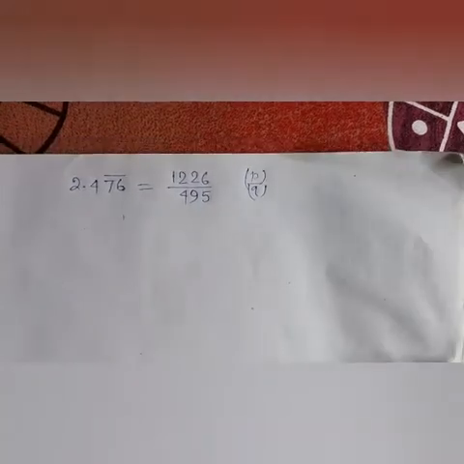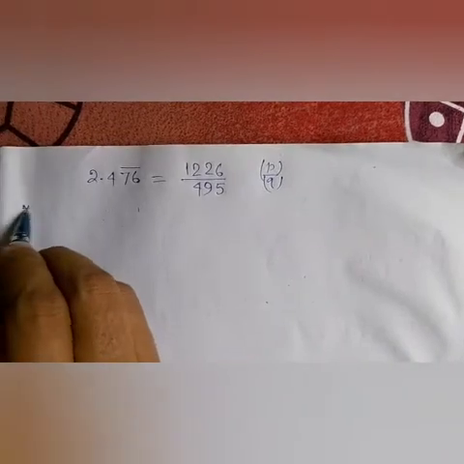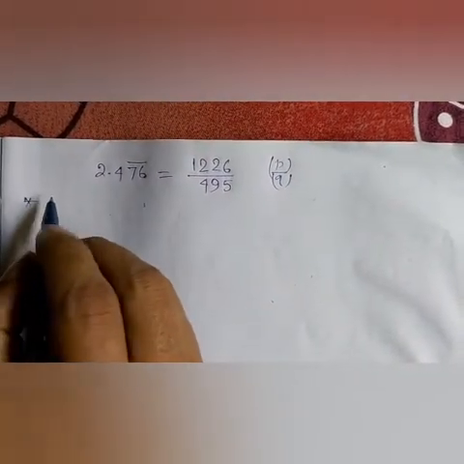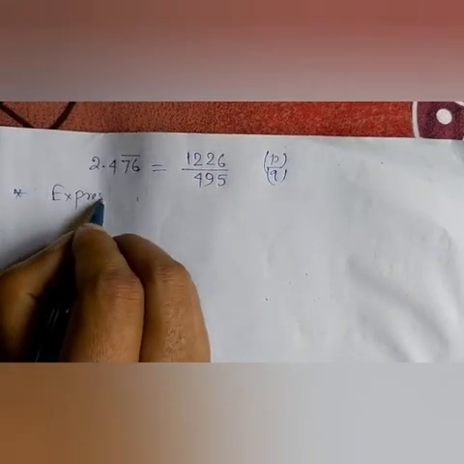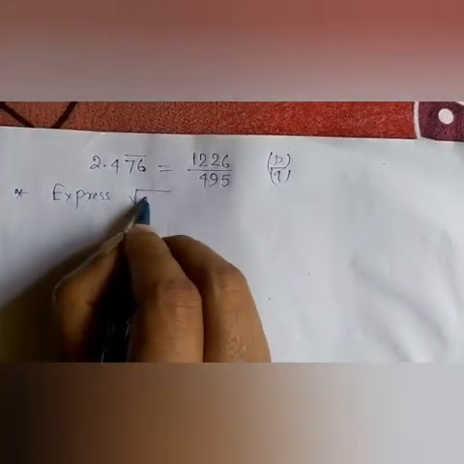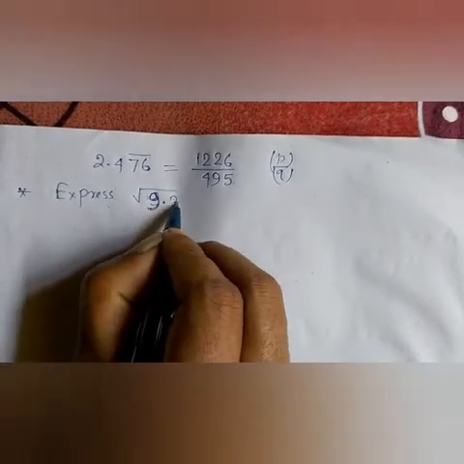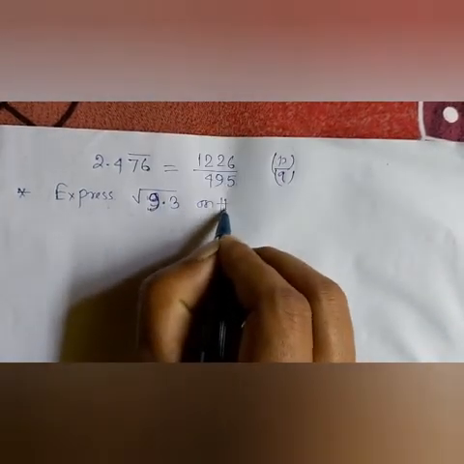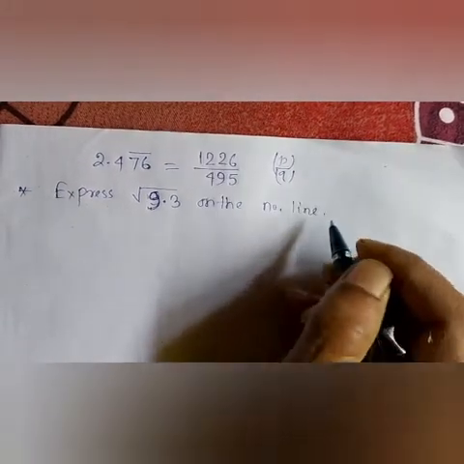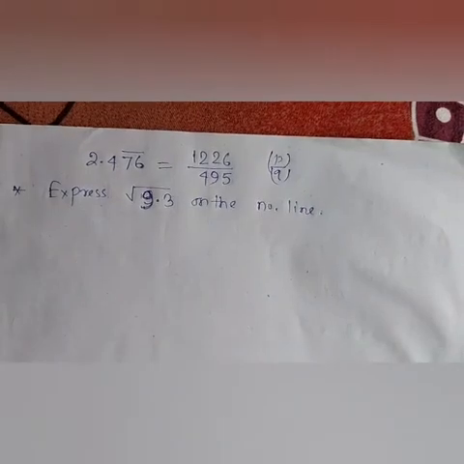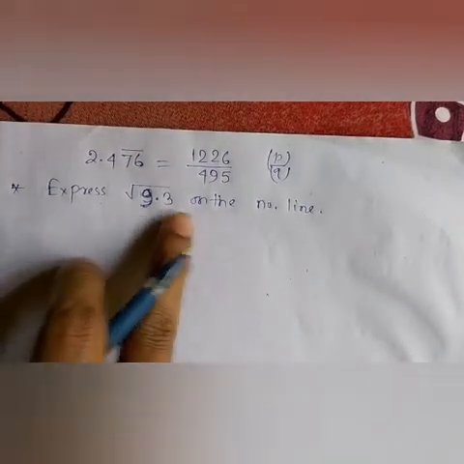Now another one. This one is also very important. This one is root 9.3, suppose root 9.3 on the number line. In the previous class there was one question, root 5 on the number line.